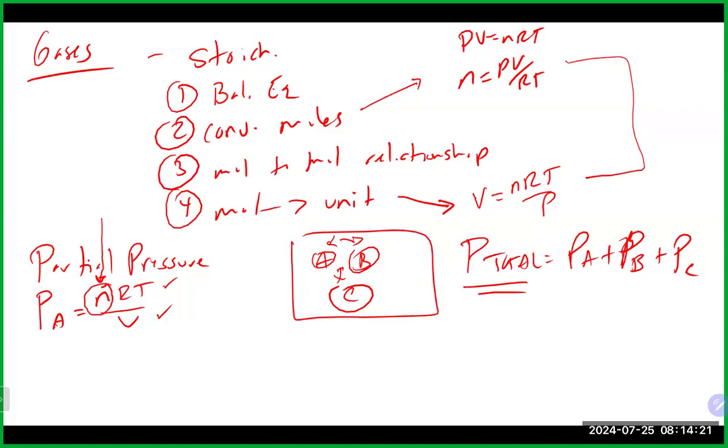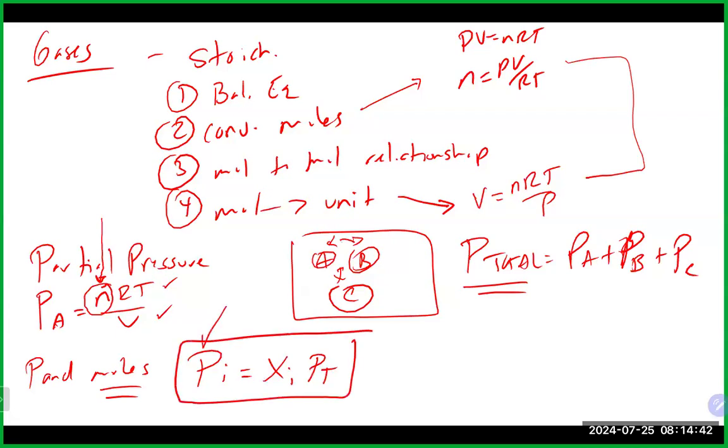Now, we also saw a situation where maybe you don't have enough information to use the ideal gas law, but you do have a pressure and a way to get to the moles of each of the gases present in a particular mixture. And you could use this equation, where the partial pressure of the gas you're interested in equals the mole fraction of that gas, which is the moles of that gas divided by the total moles in the mixture, times the total pressure.